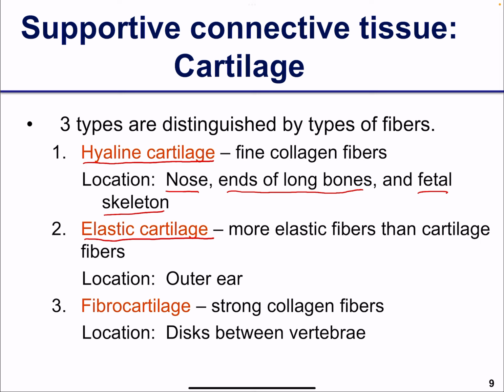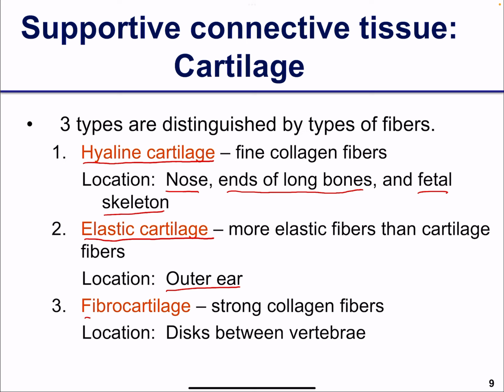And the matrix is going to be less hard than the hyaline cartilage. Now, if you consider the outer ear, you can literally twist the outer ear and leave it alone and it comes back to place. That speaks to how elastic this cartilage is.